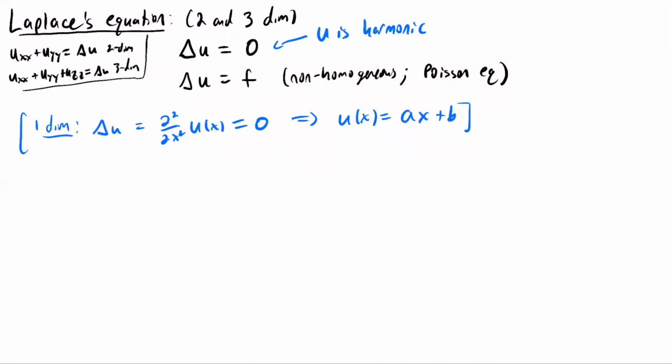We saw last time as well that solutions to the Laplace equation are called harmonic functions. What we're going to be doing now is studying harmonic functions in detail. Whenever I say harmonic function, what we mean is a solution to Laplace's equation, or the Laplacian of u is equal to 0.